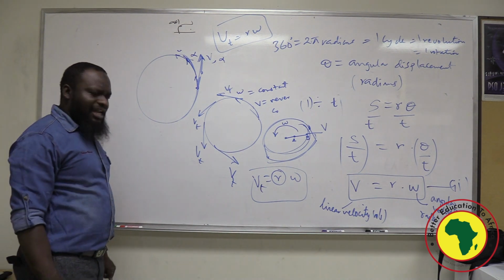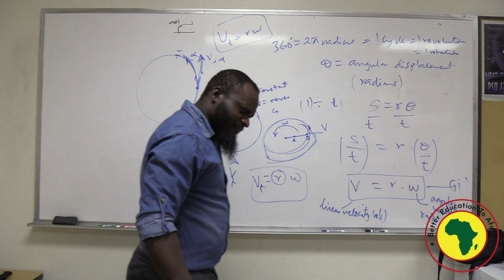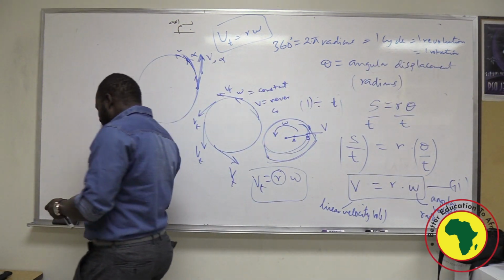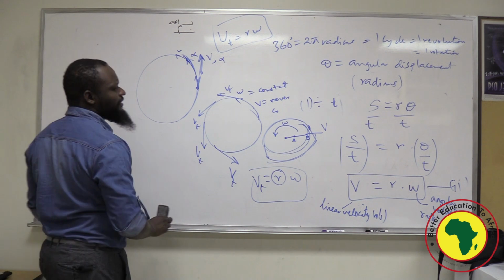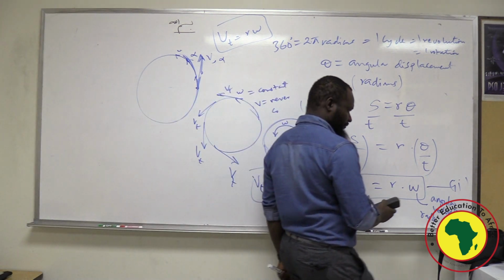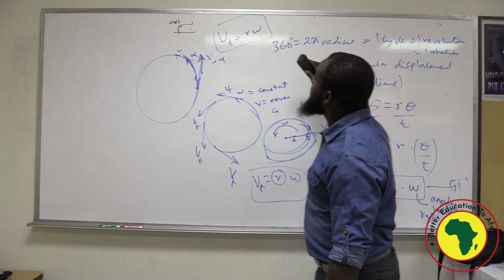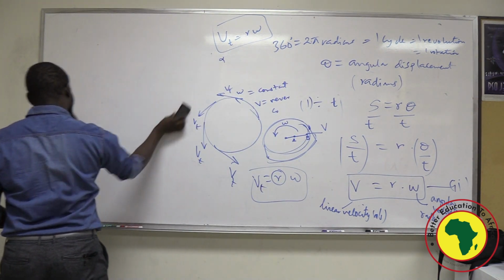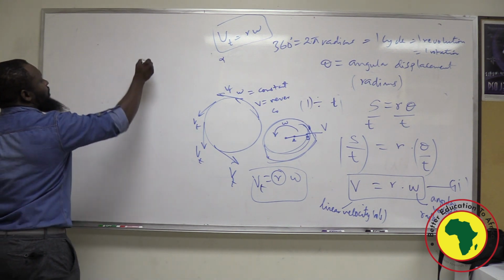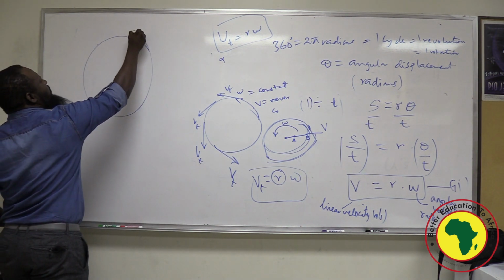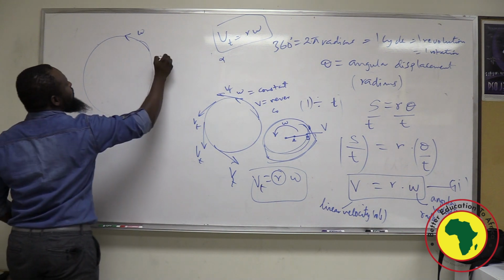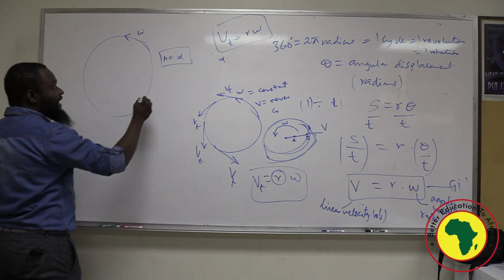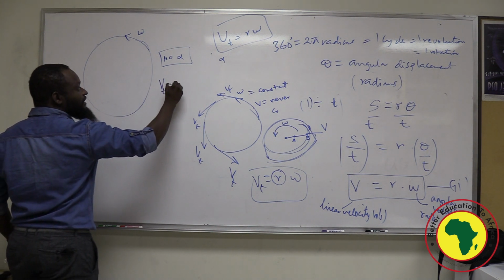Now let's look at the case where we have a constant angular velocity. If I have a constant angular velocity omega, it means I don't have any alpha, I don't have any angular acceleration, but I have a tangential velocity that is not constant.